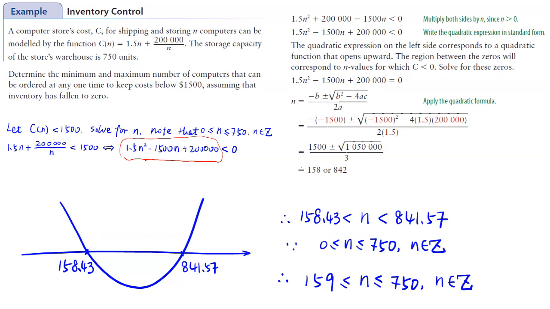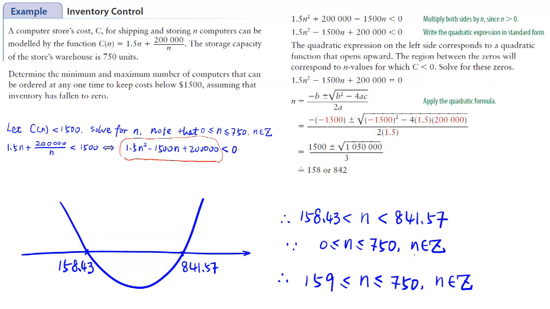So the interval that makes this function less than 0 is between the two zeros, which is between 158.43 and 841.57. And also note that n needs to be greater than or equal to 0 and less than or equal to 750.